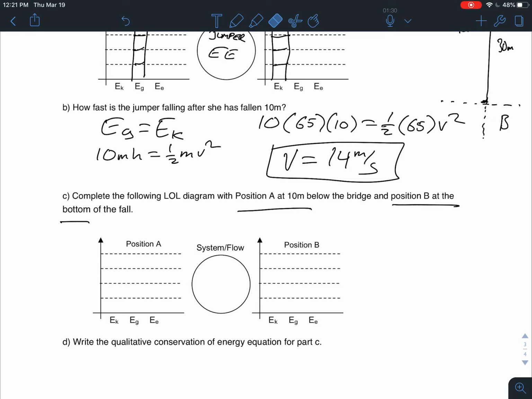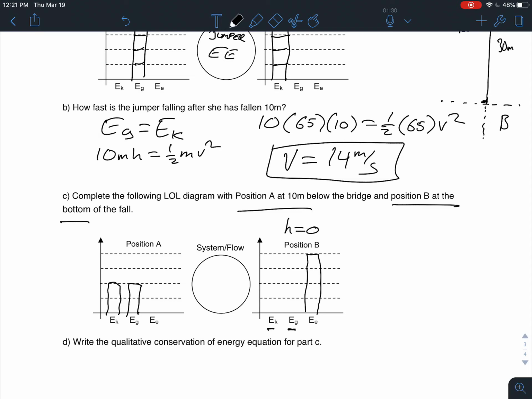So she's got EK. Oops, let me get my pen back. She's got EK and she's got EG, right? She's got this much worth of EK. And then here, she's got all EE because she's at the lowest point. And because it's the lowest point, she's stopped and there's no EG anymore because this is our height 0.